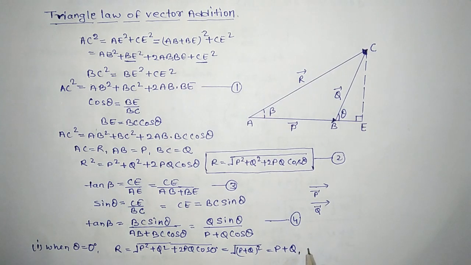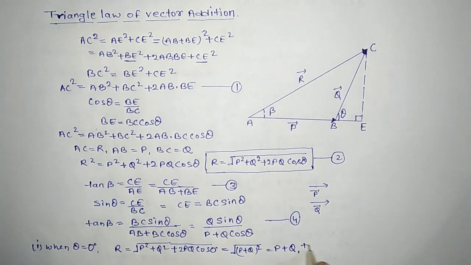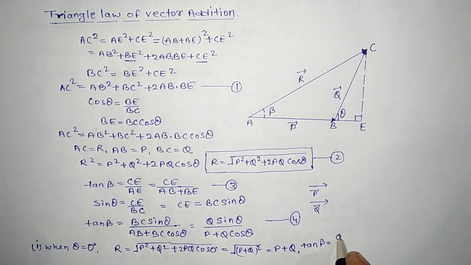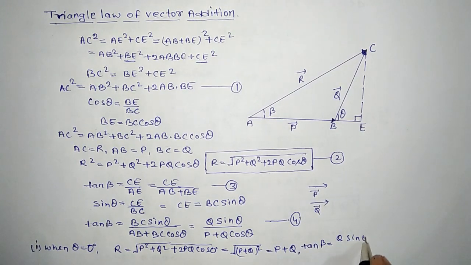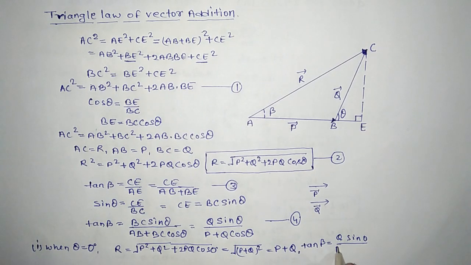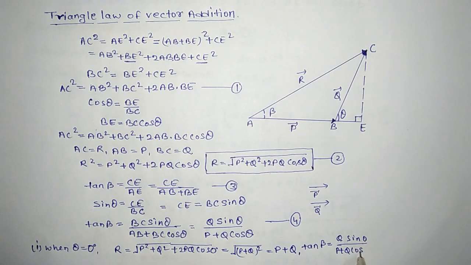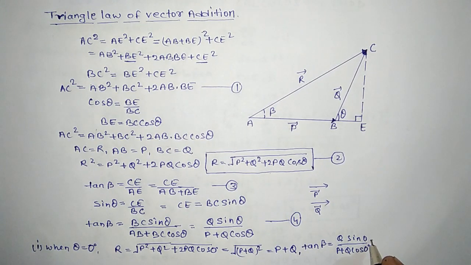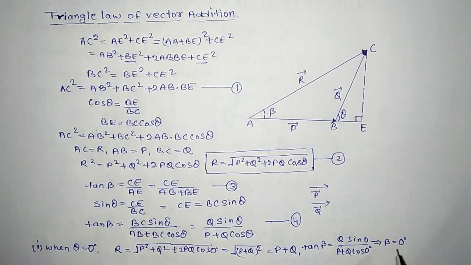And also we can calculate tan beta, which is equal to Q sin 0 upon P plus Q cos 0. Means in this situation beta will be 0 degree.